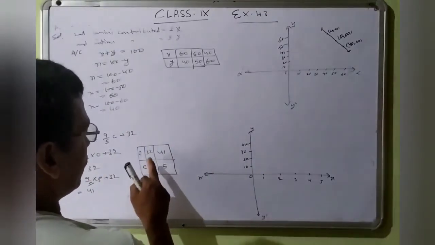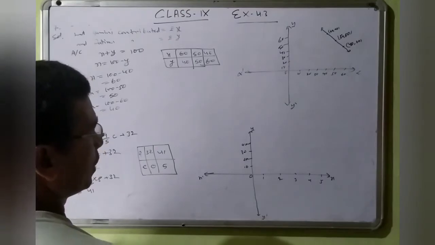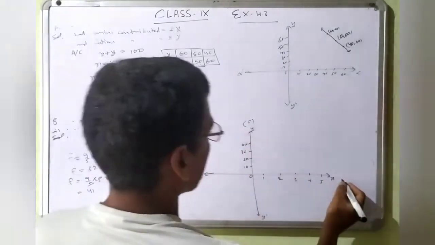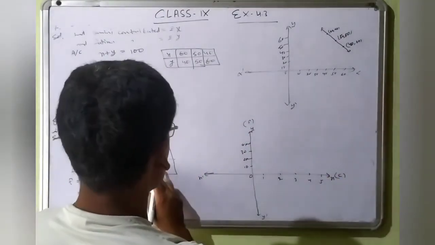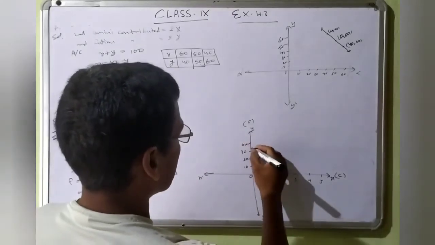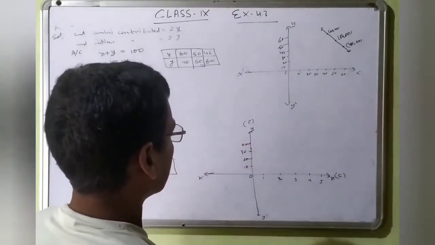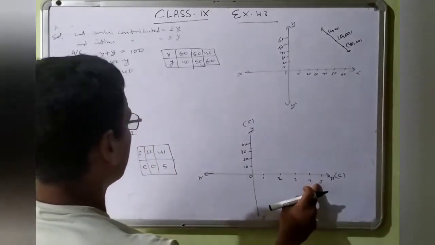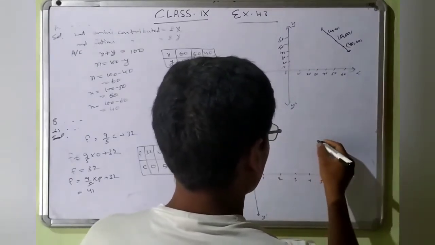Now this is the F axis, or this is the C axis. Okay, so C is 0, F is 32. 32 means that will be here, just on 30. 5 and 41, just on the 40.